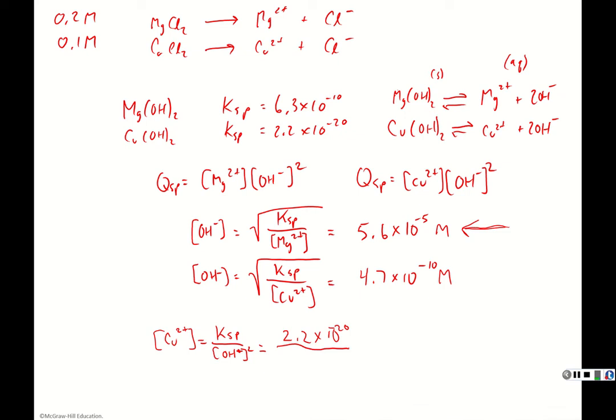And now we divide it by our OH minus concentration that we calculated, where none we can add up to, so no magnesium precipitates out. We add that in here. And this will tell us how much copper we can precipitate out without losing any magnesium. It turns out this is 7 times 10 to the minus 12 molar.